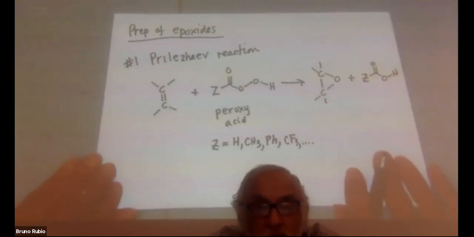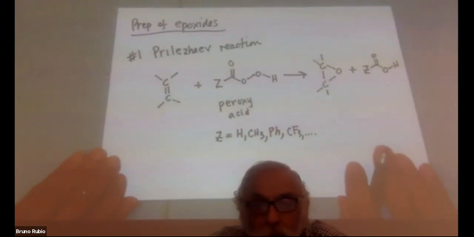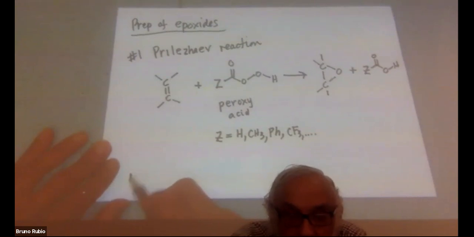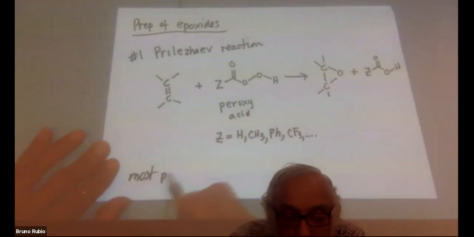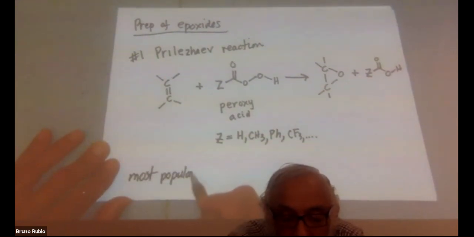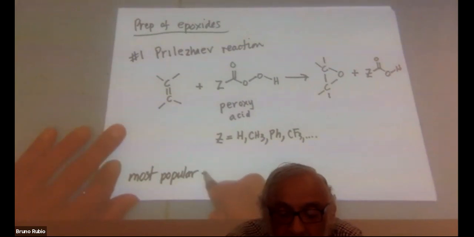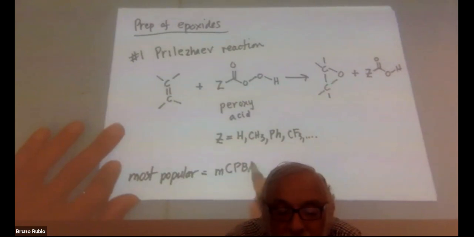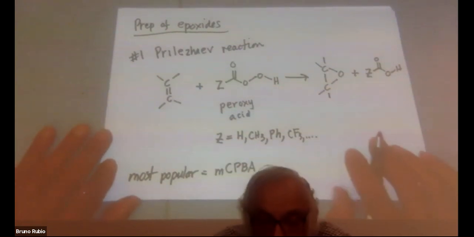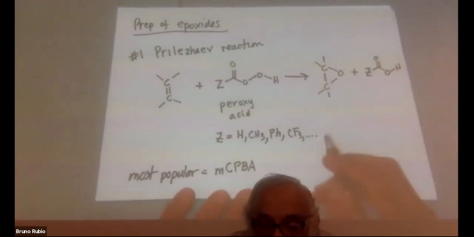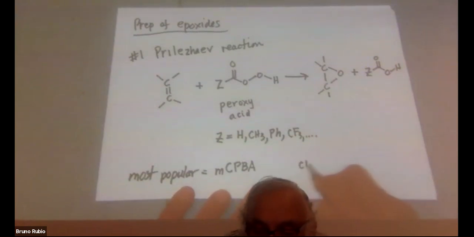The most popular peroxy acid is called MCPBA, metachloroperoxybenzoic acid, which has this structure.